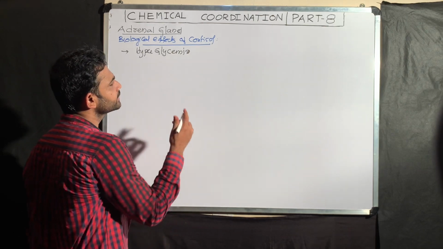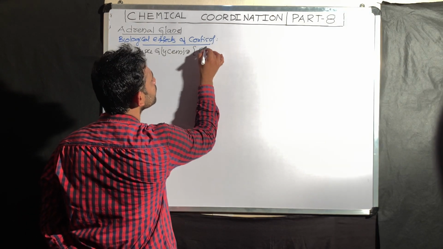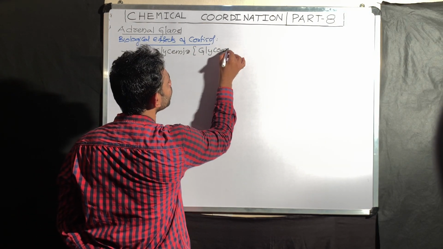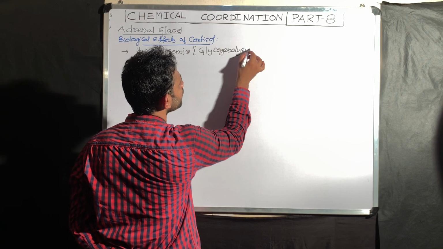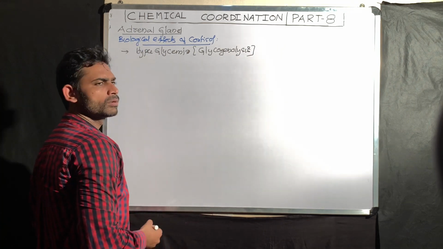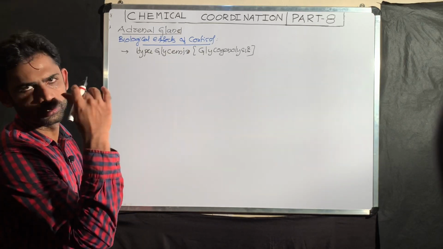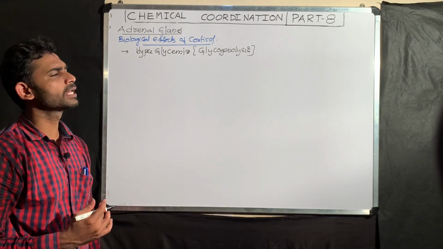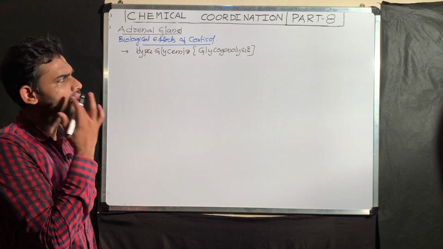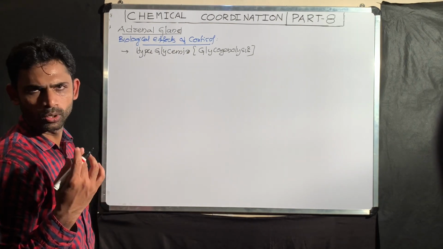The major reason for hyperglycemia is glycogenolysis, the breakdown of glycogen into glucose.